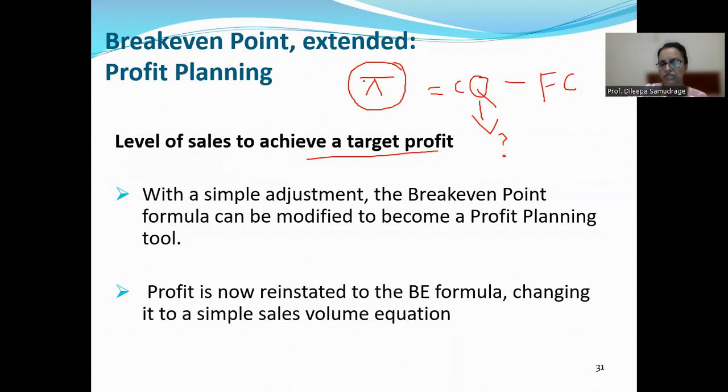This is your profit equation, but here they ask you to find out the level of sales to achieve a target profit, right? Using this profit equation, you can formulate this equation as well. So formulate this one and write down, tell me. What is the equation that you should write to achieve the level of sales for a target profit?